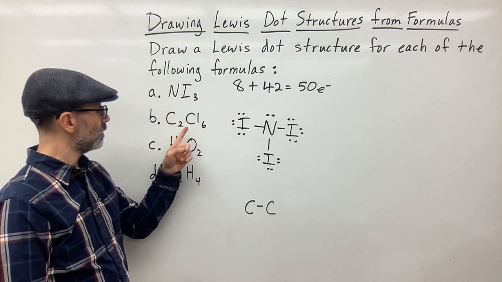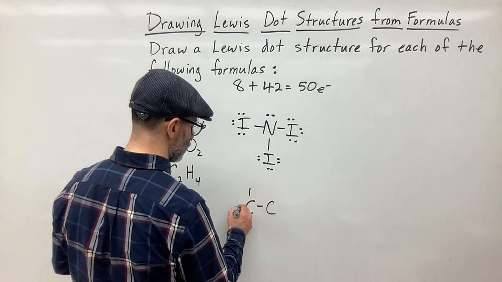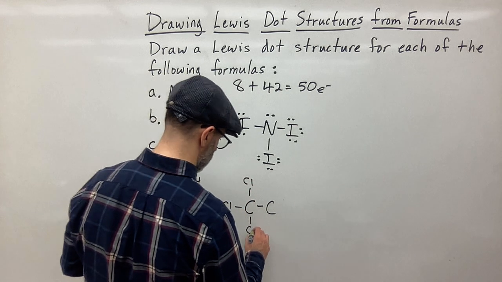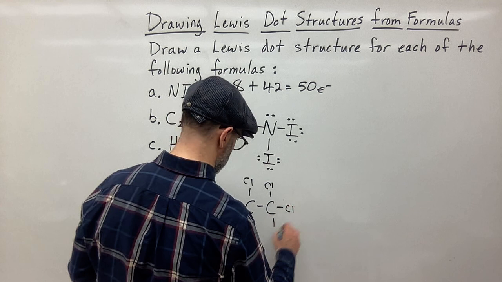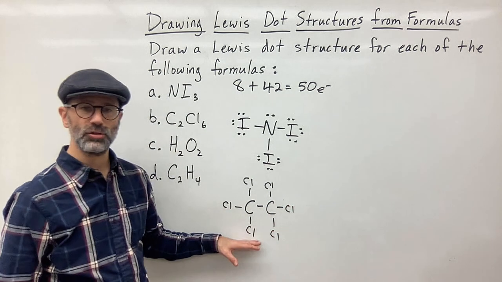So here we have 6 chlorine, so I'm going to add 3 to each carbon. Okay, so now I've got my skeletal structure.